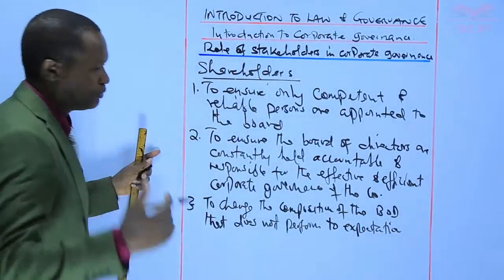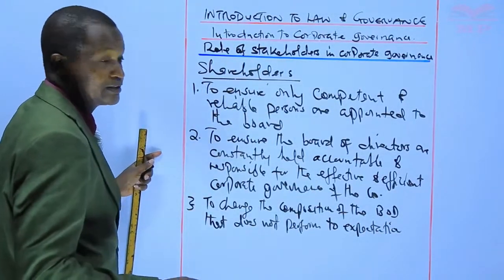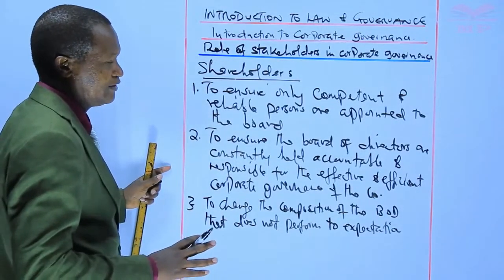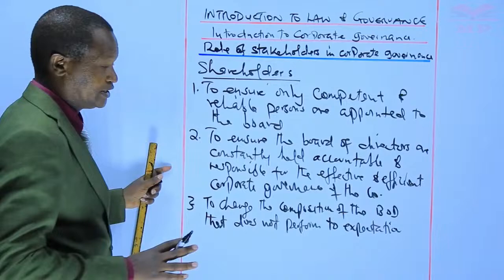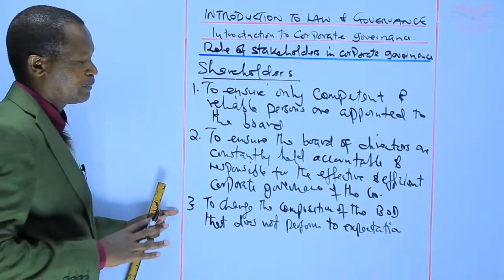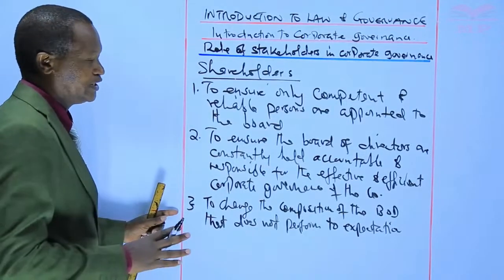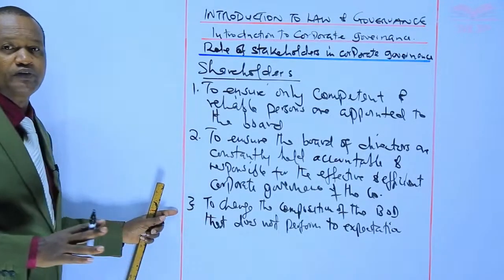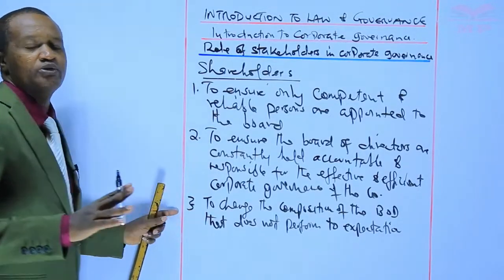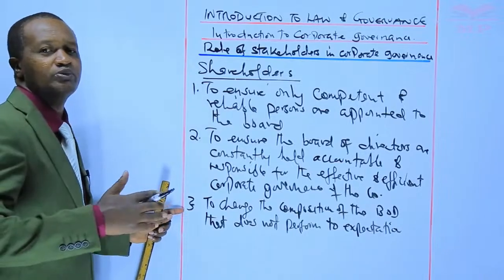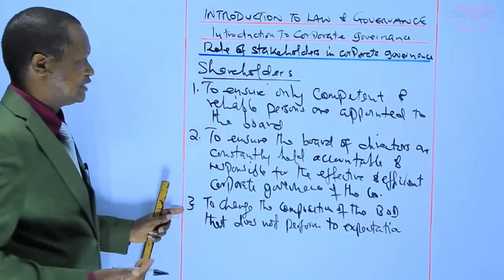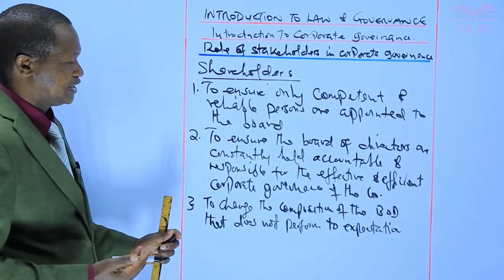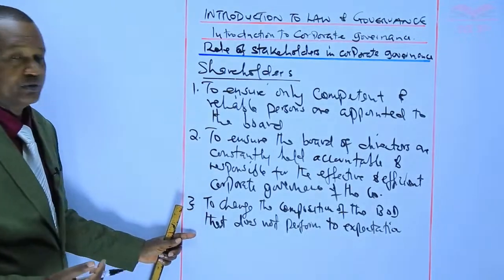because when the board of directors are appointed, there are certain expectations. They have certain duties that they need to perform. They have certain responsibilities. When they do not perform to the expectation of the company, or in accordance with the mandate of the corporation, then the shareholders have a duty to ensure that they are removed from the board.